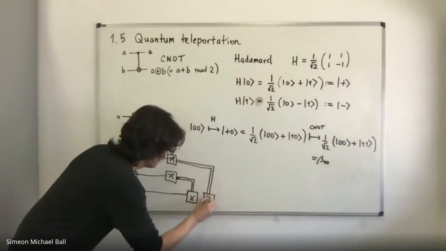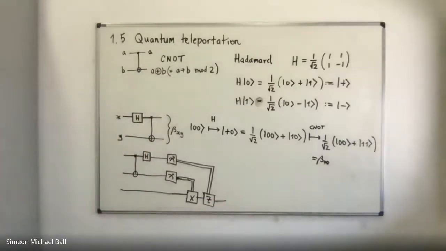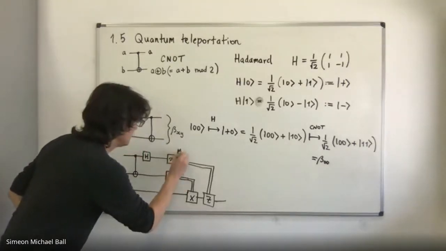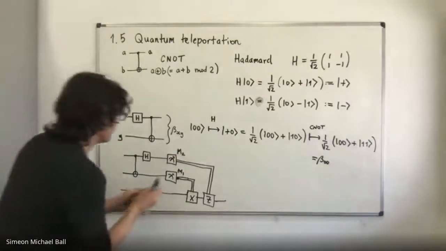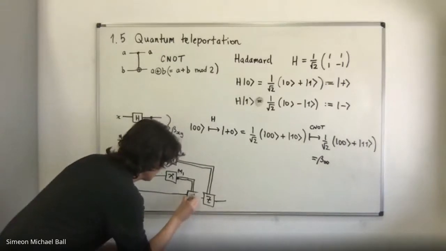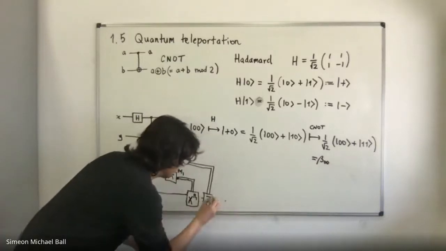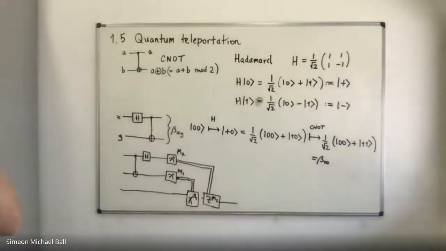And what teleportation does depends on these measurement results. So let's call this one M1, M2. So this will be M1 and Z. Okay, let me explain a little bit what's going on here.